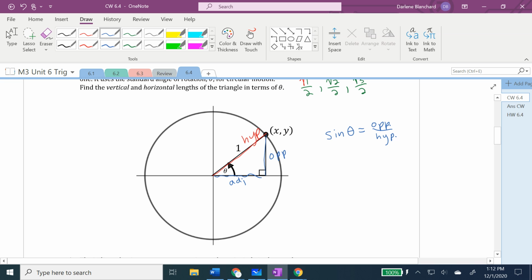If the hypotenuse is 1, what does that mean the sine of theta is equal to? The sine of theta is equal to this length right here.